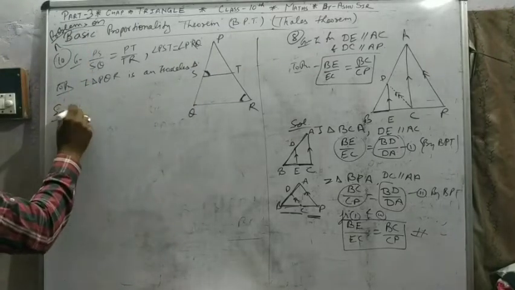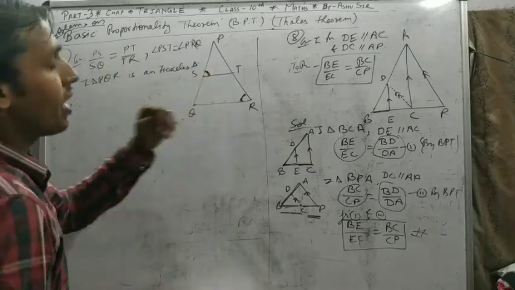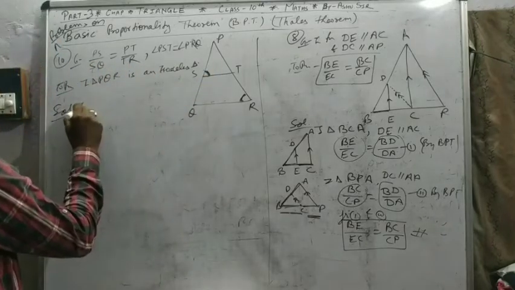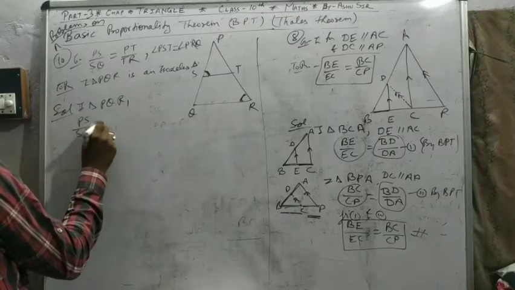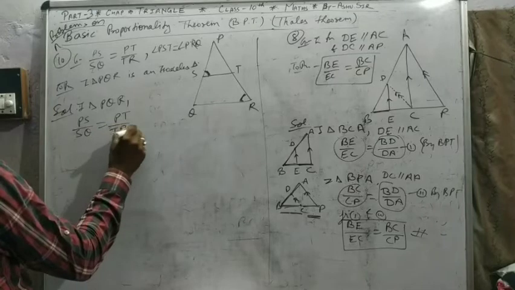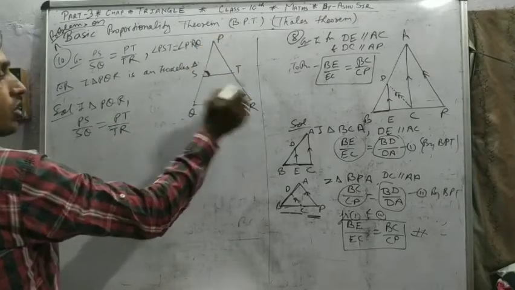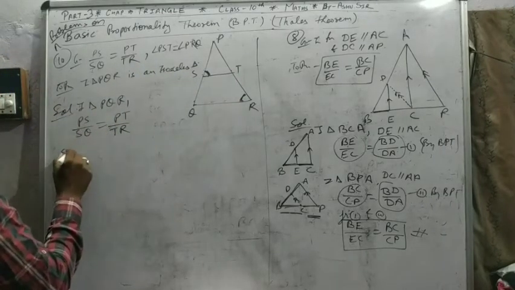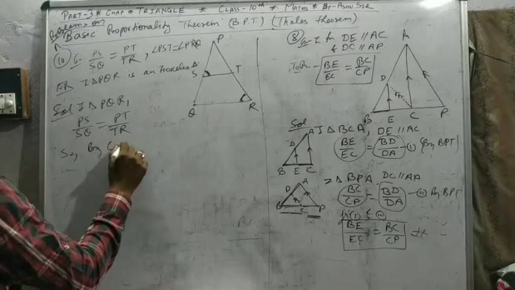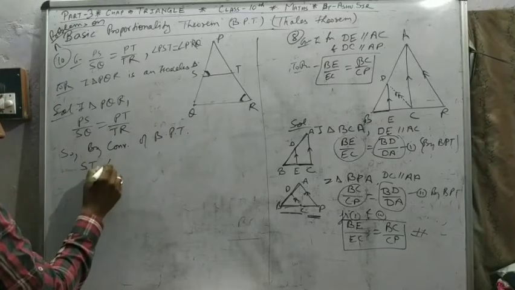So let's see. Here if ratio equal is given, you can directly say ratio equals lines parallel. In triangle PQR, PS upon SQ, PT upon TR. Directly converse of BPT theorem. So by converse of basic proportionality theorem, ST is parallel to QR.